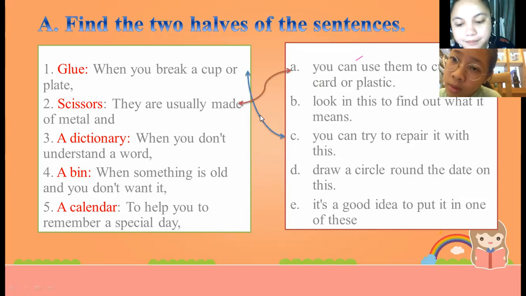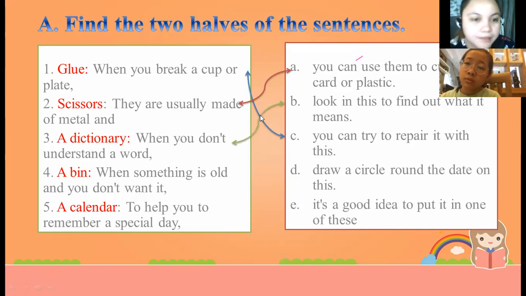Number three, when you don't understand a word, look in this to find out what it means. Very good. Letter B. Number four, when something is old and you don't want it, it's a good idea to put it in one of these.